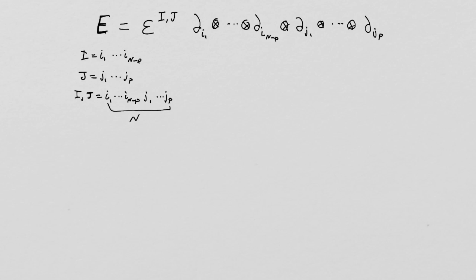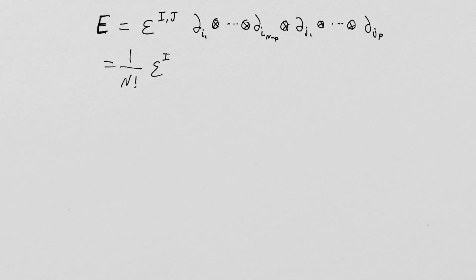This is one way to write it. Then we can write it in the redundant basis as, let me erase this. If you recall the old redundant basis form, this is going to be 1 over n factorial e I J, and it will be partial I sub 1 wedge partial I sub n minus p wedge partial J1 wedge partial JP.